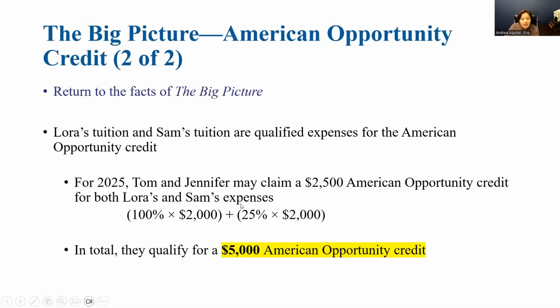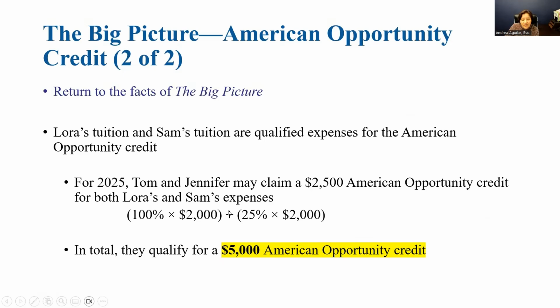So we're going to calculate here 100% of $2,000 plus 25% of the remaining $2,000. Okay, what are we calculating? We're just calculating the amount of the credit that this couple can claim as American Opportunity Credit for Laura.